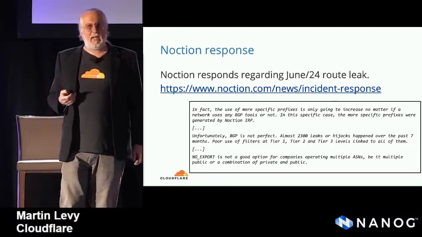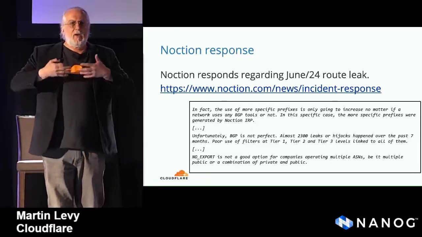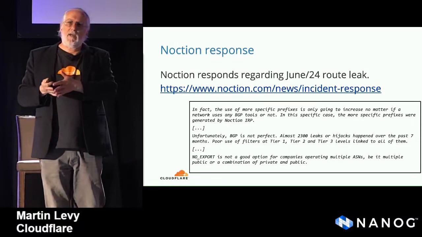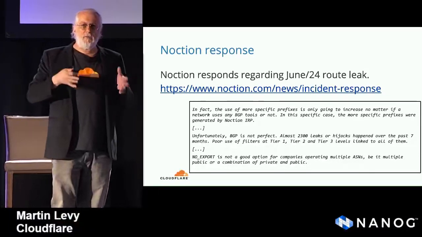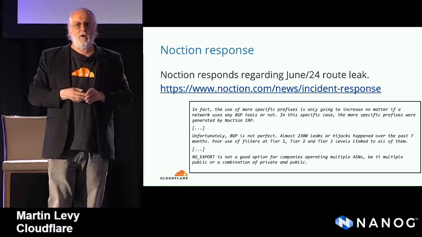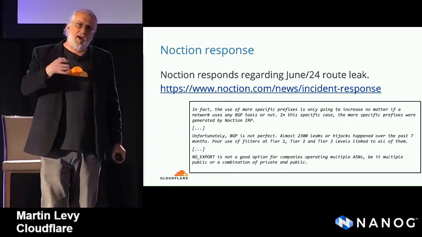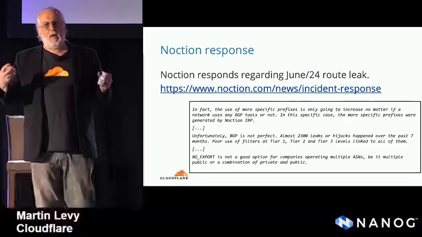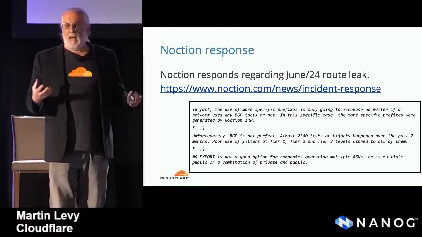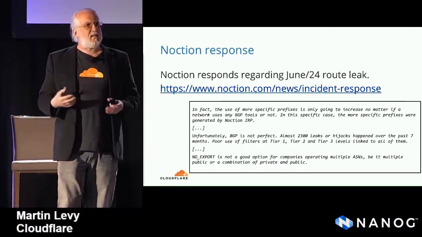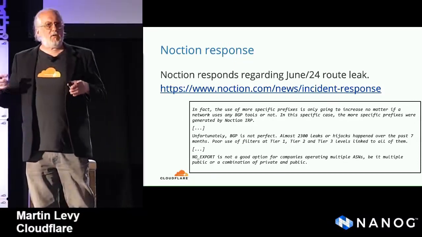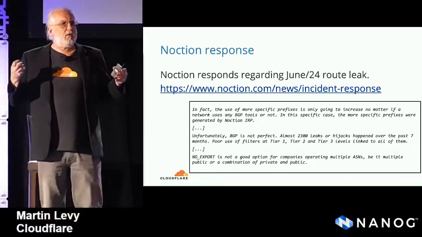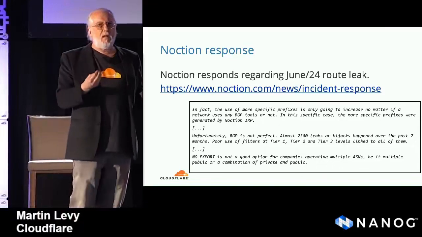But unfortunately, and if you listened, by the way, to the keynote yesterday from Google, it was a brilliant story of, well, here was a bug, and here was another bug, and unfortunately everything happened at the same time, and something bad happened. And this is exactly the same thing. Somewhere in the world, filtering was missing at that point in time.